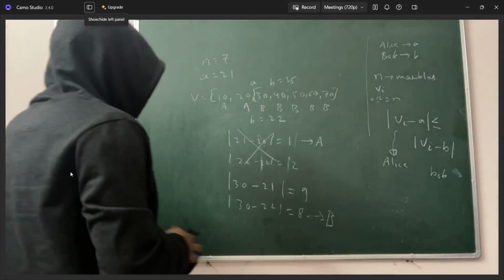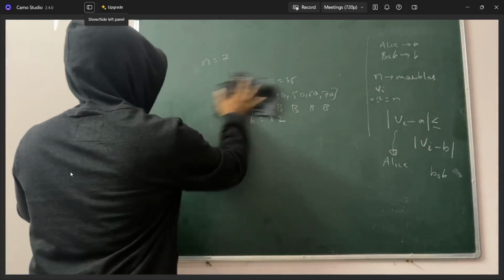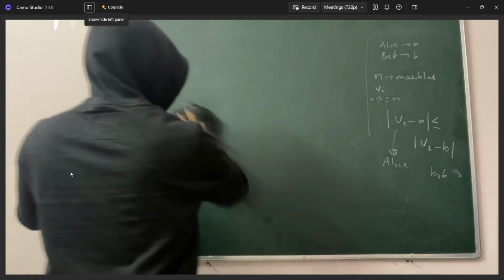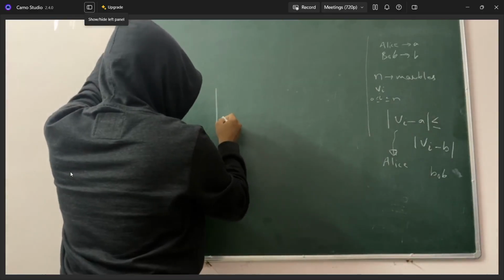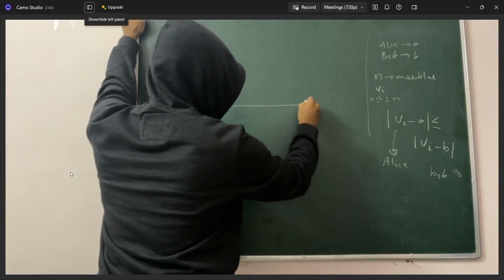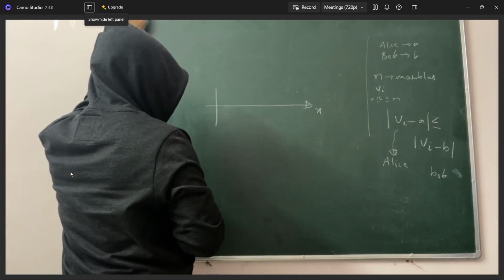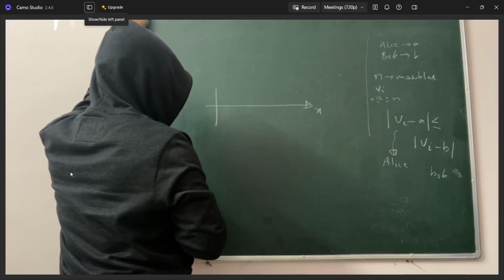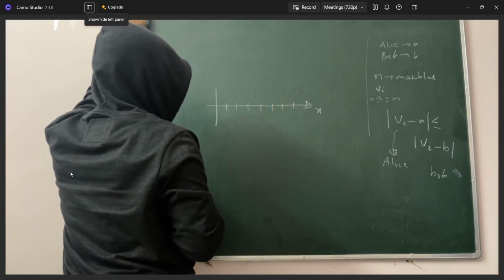One observation you will have to make is that, as I said, you need to sort the array. All the marble values will go onto your number line, and all the marble values you'll find here.